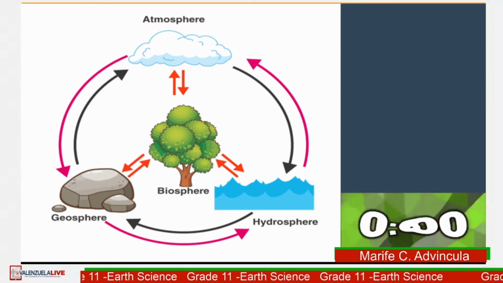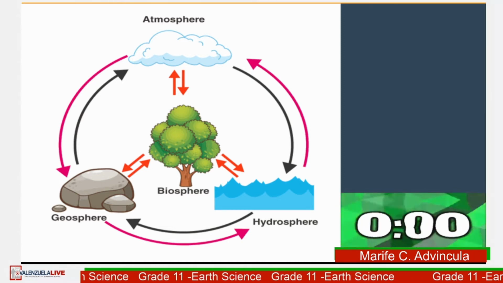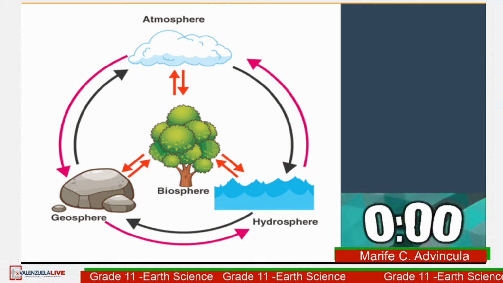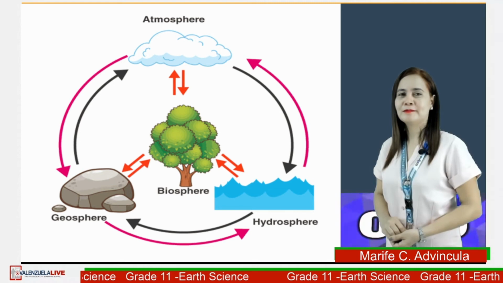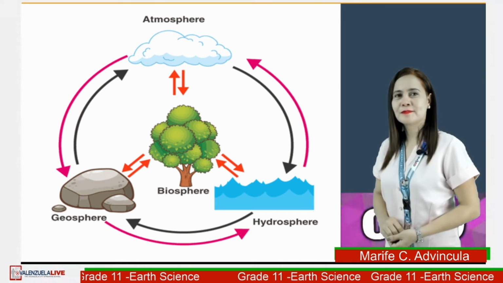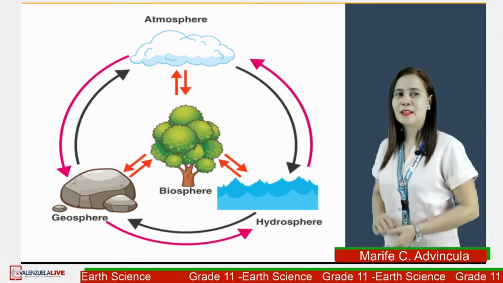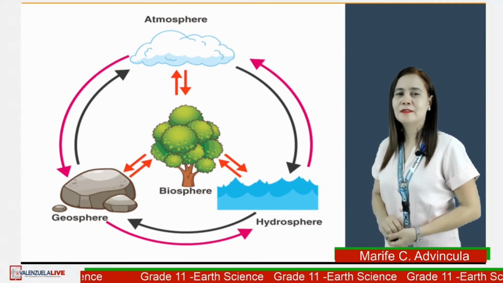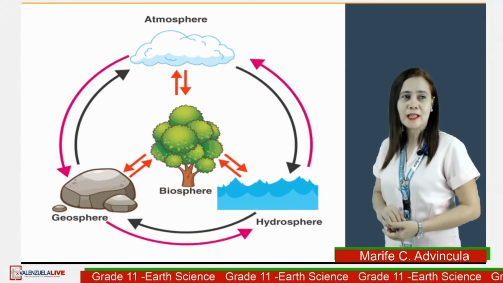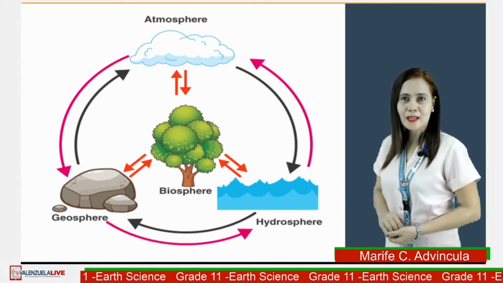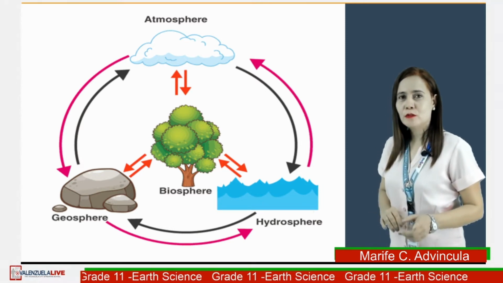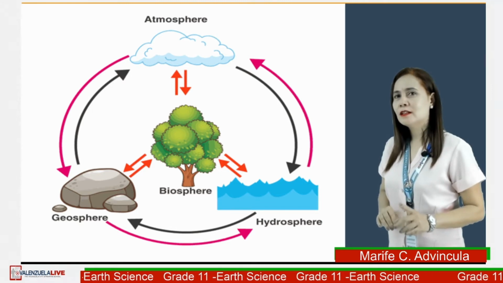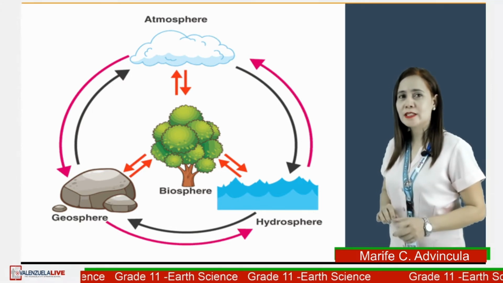Okay, time's up. Okay, your timer stops. So we have an answer here. It says here that water from the hydrosphere will be used by the living organisms like trees and animals.